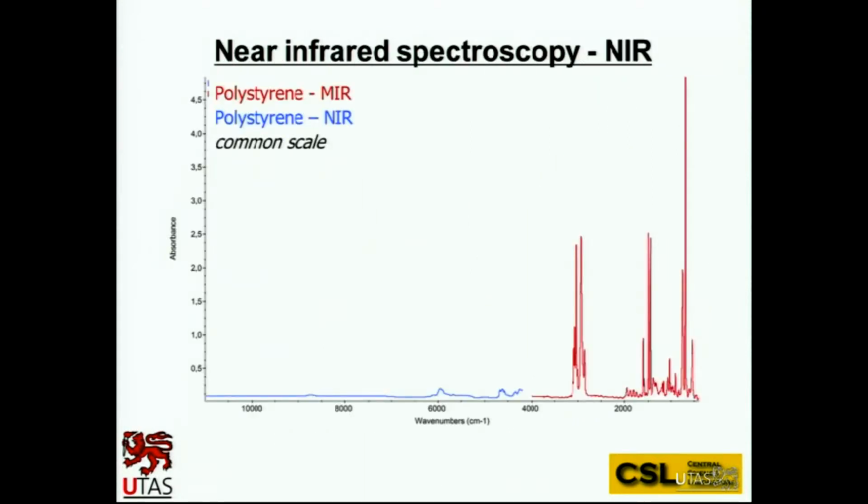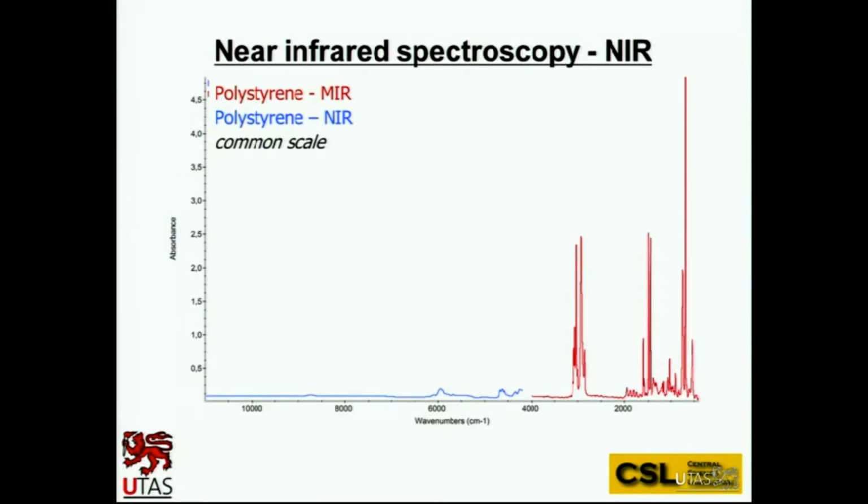Okay, let's go to near-infrared. I showed you the spectrum of polystyrene, which I've got on the right-hand side here in red again. So you get these nice defined big absorption peaks. The near-infrared, on the other hand, so that's the same material to scale, is this not very exciting looking spectrum down here.